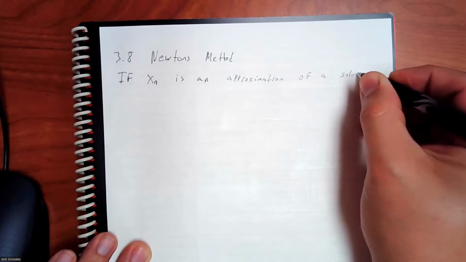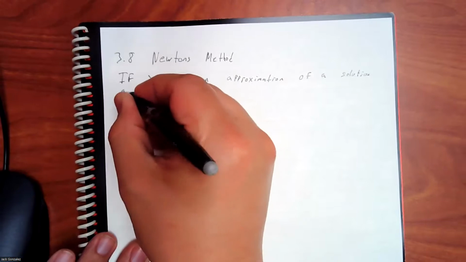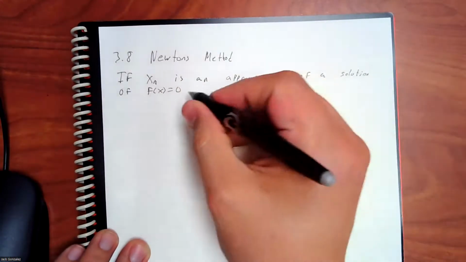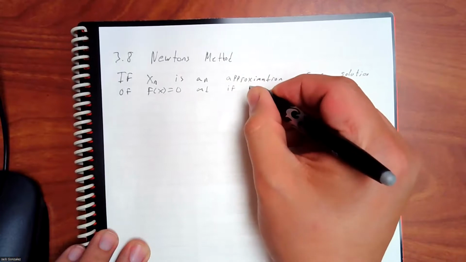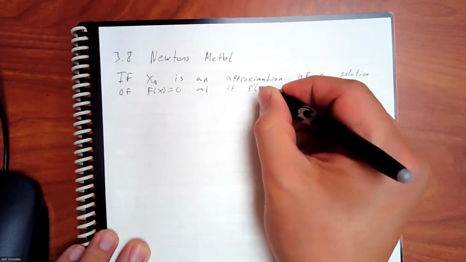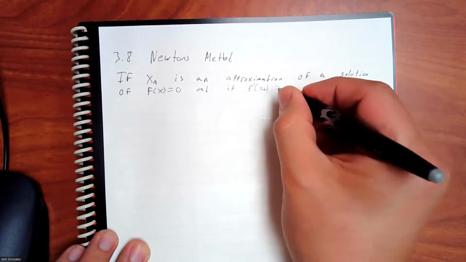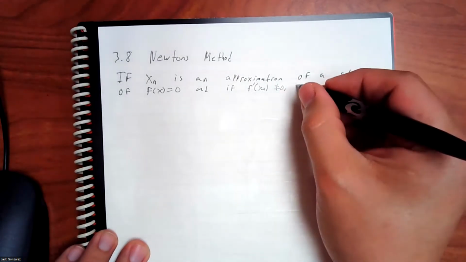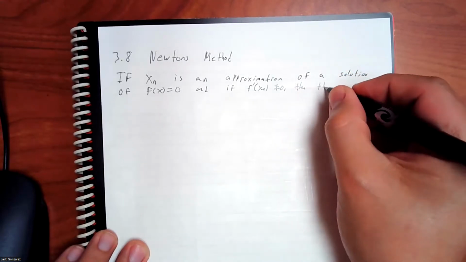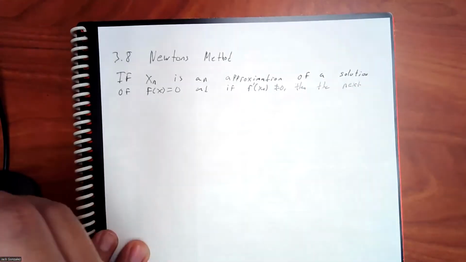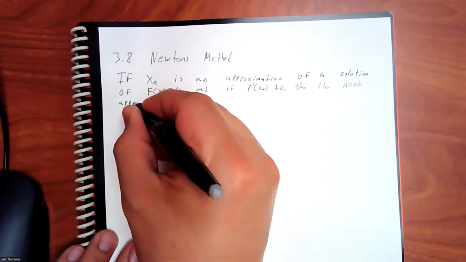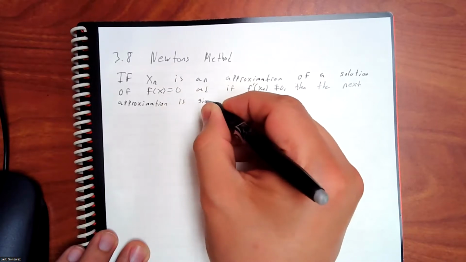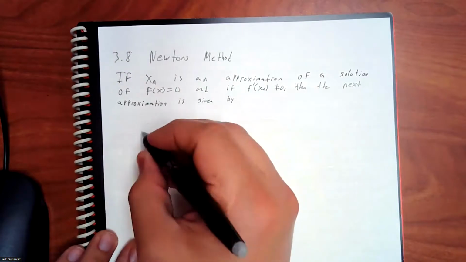Of a solution of f of x equal to 0, and if f prime of x sub n is not equal to 0, then the next approximation is given by this formula.